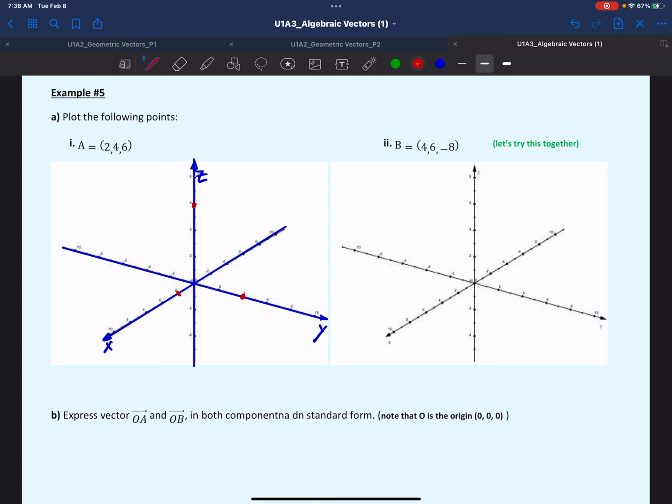So in order to plot point A, first we're going to use the first two coordinates, the x and the y first. And it doesn't matter which set you use. You can use any set you wish. I find it easier to work with the x and y first.